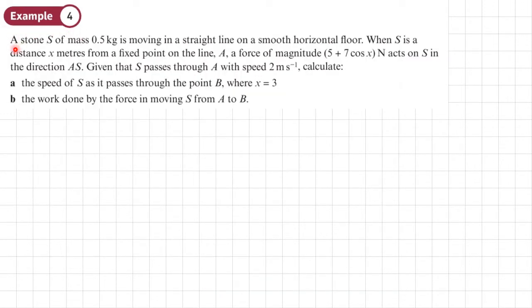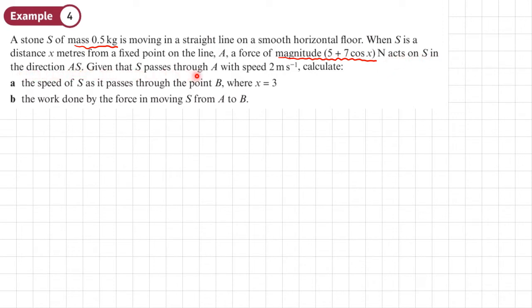Example 4. A stone S of mass 0.5 kg is moving in a straight line on a smooth horizontal floor. When S is a distance of x meters from a point on the line A, a force of magnitude 5 plus 7 cos x newtons acts on S, the stone, in a direction AS.